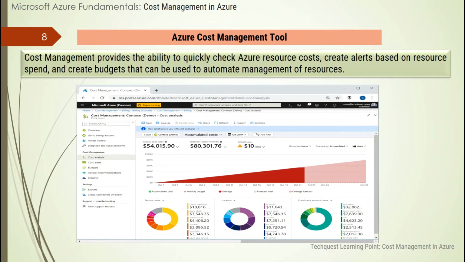Cost analysis is a subset of cost management that provides a quick visual for your Azure cost. Using cost analysis, you can quickly view the total cost in a variety of different ways, including by billing cycle, region, resource, and so on.